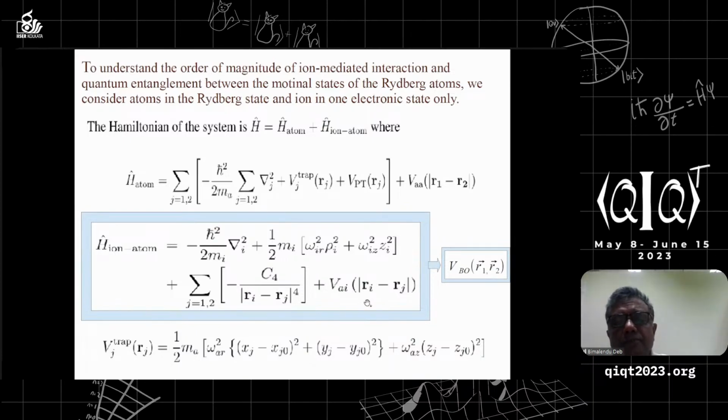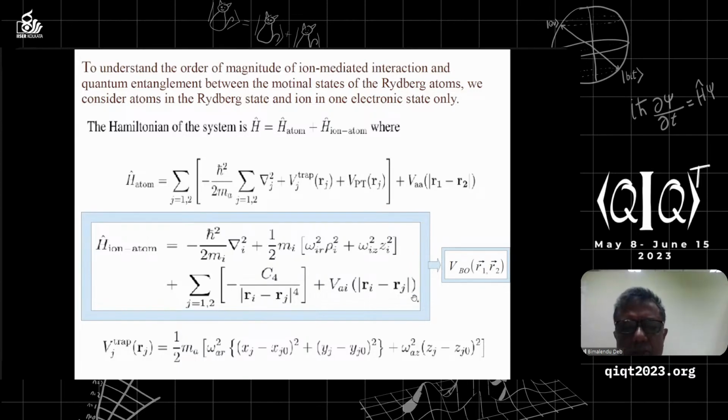While considering the ionic motion, we consider that the atomic motion is frozen, because there are 3 orders of magnitude difference between the time periods of oscillation. So we solved this numerically, and we obtained the Born-Oppenheimer potentials. These Born-Oppenheimer potentials are between the two atoms.